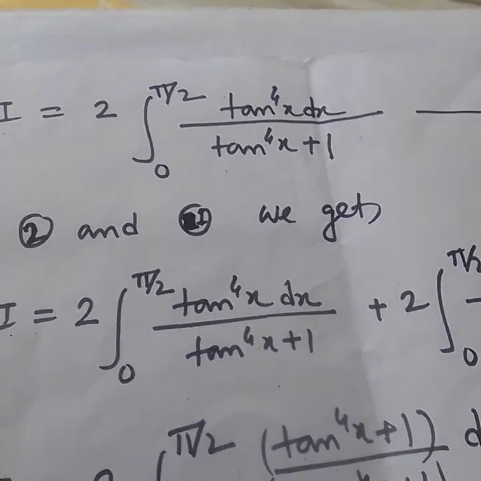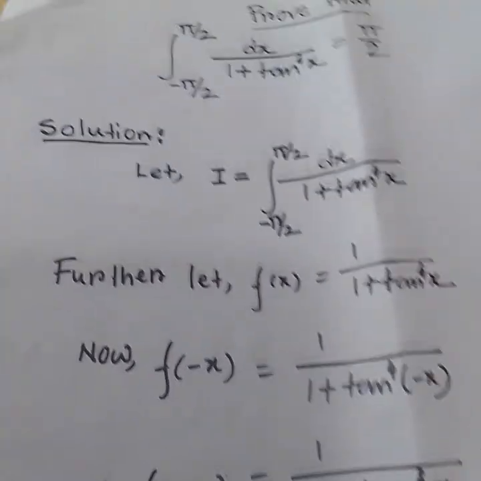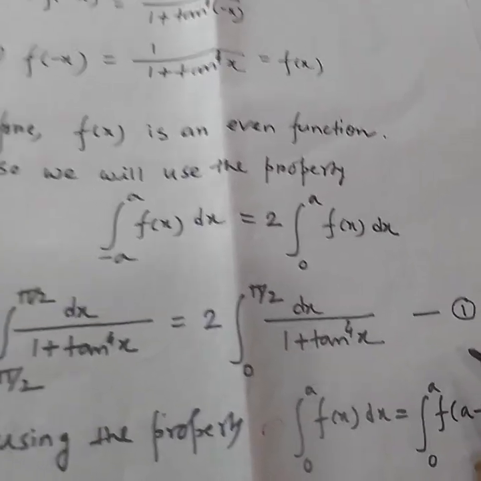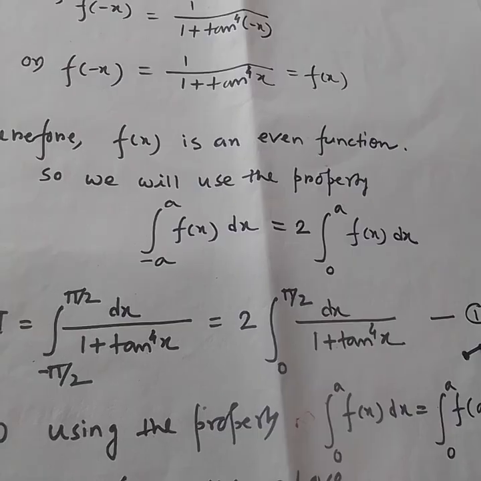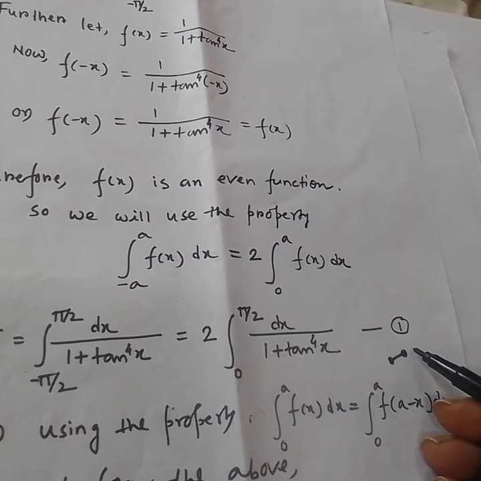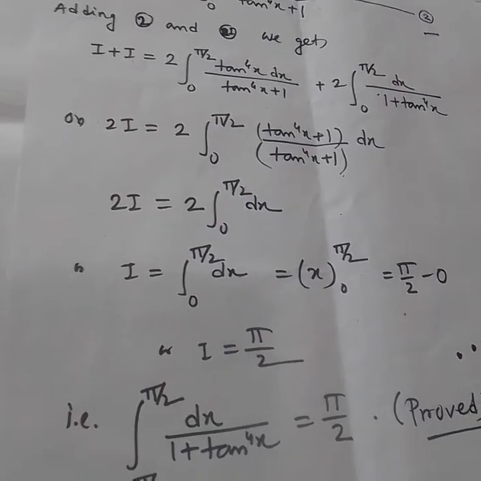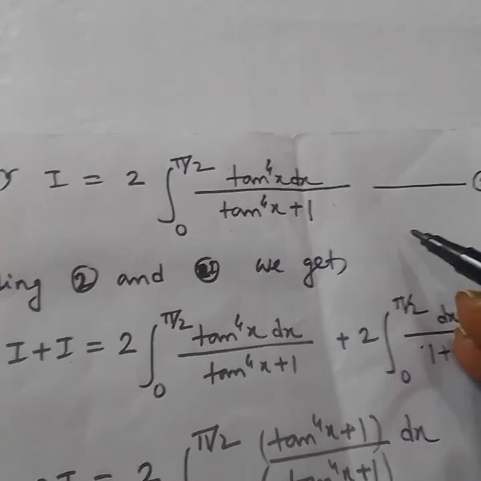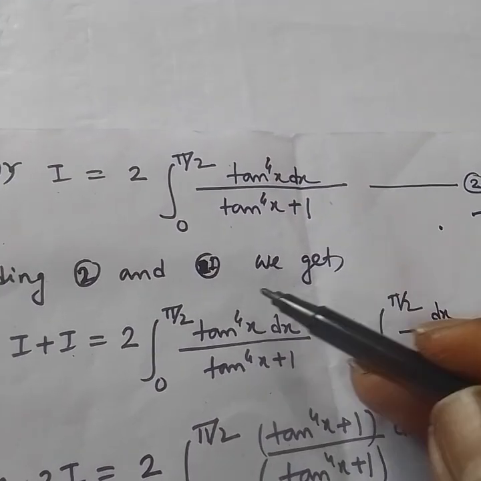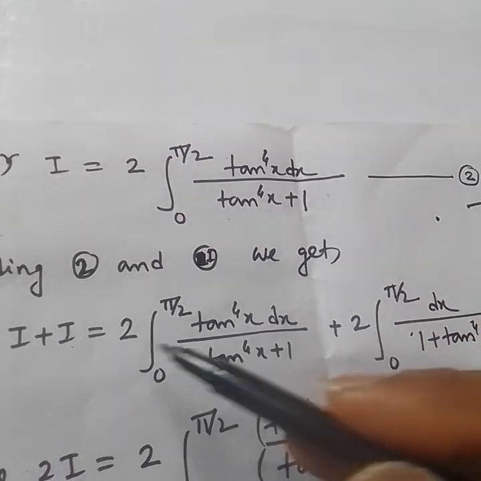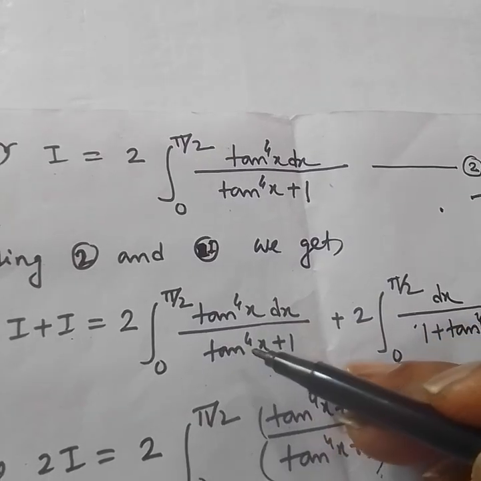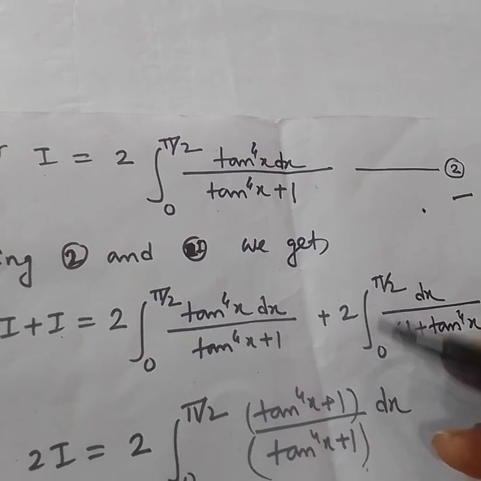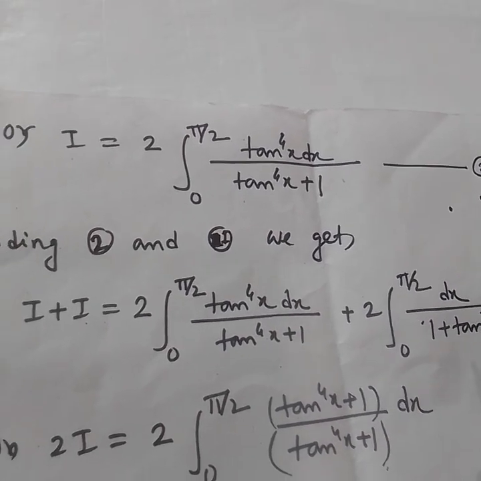We have earlier taken I equal to this one as equation 1, and now we take this equation as equation 2. So adding 2 and 1 we get I plus I equals 2 into the integral from 0 to pi by 2 of 10 to the power 4x dx by 10 to the power 4x plus 1, plus 2 into the integral from 0 to pi by 2 of dx by 1 plus 10 to the power 4x.